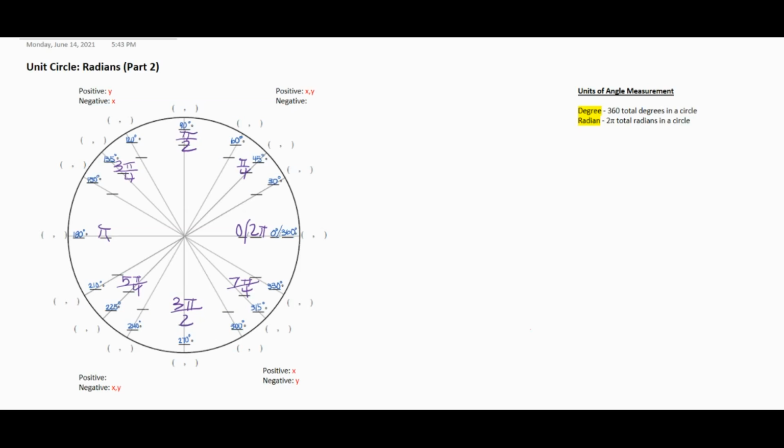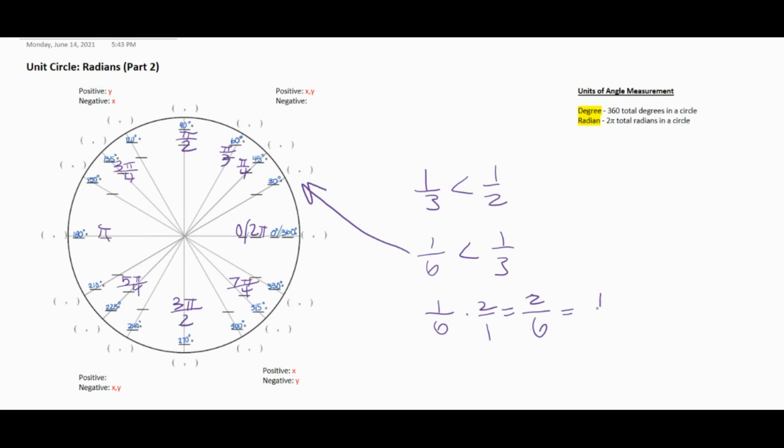Next, we will move on to the 60 degree corresponding angles. As you can see, 60 degrees would be pi over 3, as 1/3 is less than 1/2. This also makes sense because 1/6, which is equal to 30 degrees, is less than 1/3, and 1/6 times 2 over 1 is equal to 2 over 6, or in other words, 1/3, which returns you back to this.